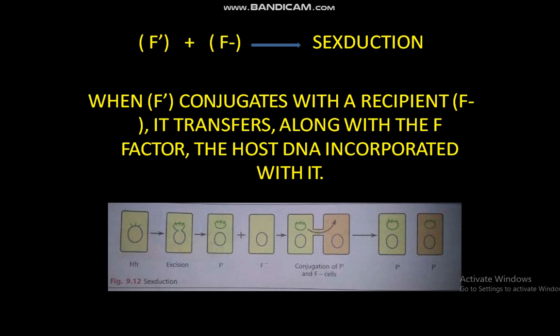As shown in the figure, Hfr, excision, then F prime plus F negative, conjugation of F prime and F cells, then the two individual cells are formed, F prime and F.